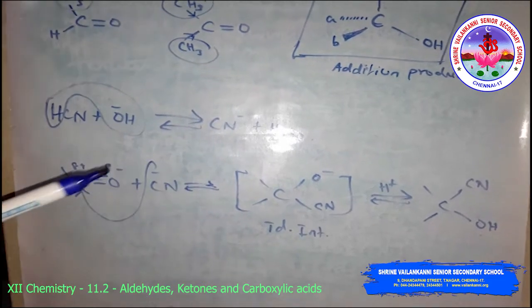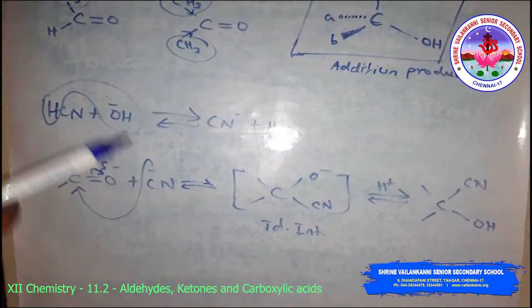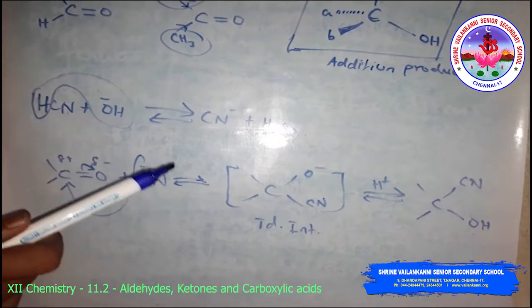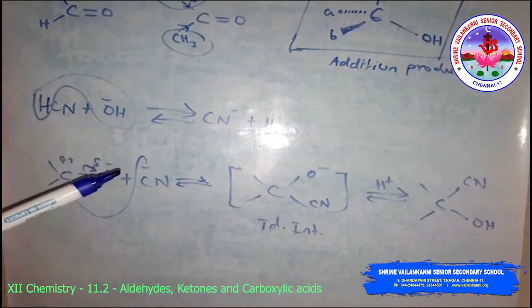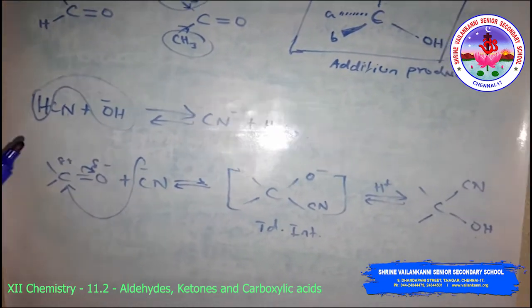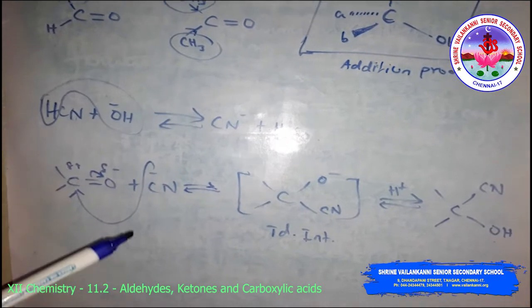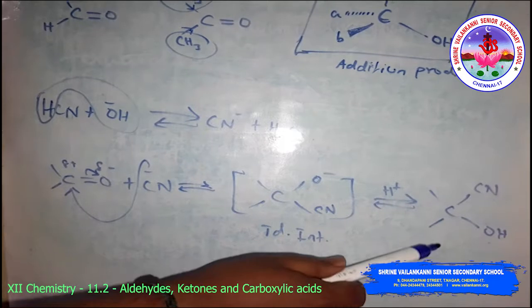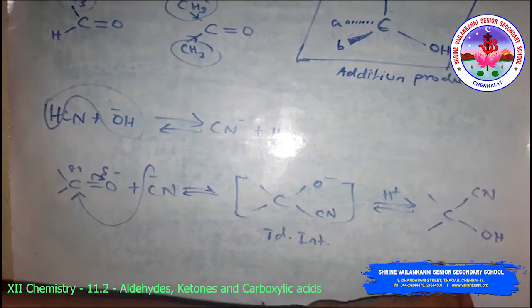This reaction occurs very slowly with pure hydrogen cyanide. Therefore, it is catalyzed by a base and the generated cyanide ion. Look, this is the generated cyanide ion. Being a stronger nucleophile, it readily adds to carbonyl compounds to yield the corresponding cyanohydrin. So this is the cyanohydrin.